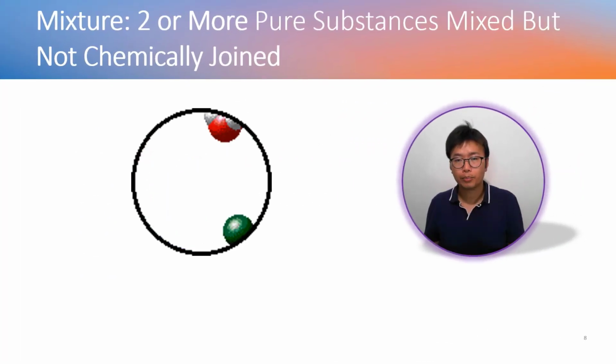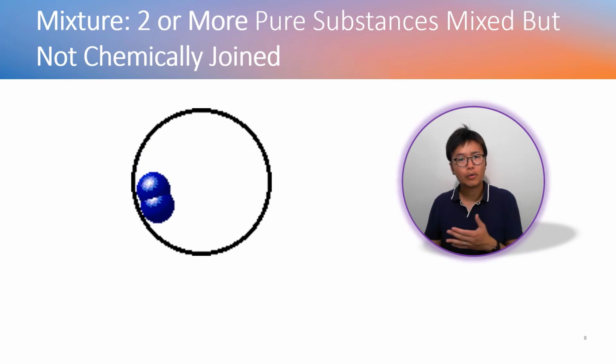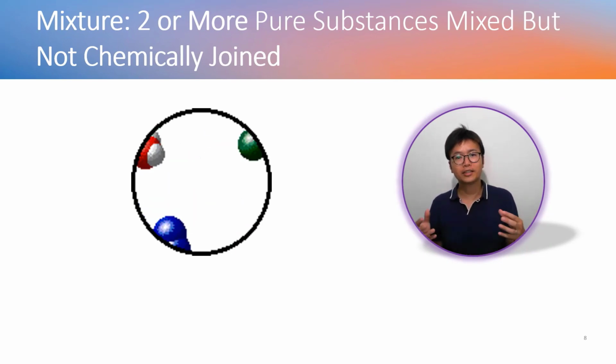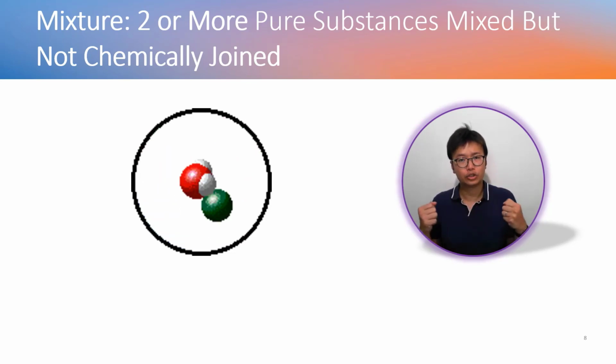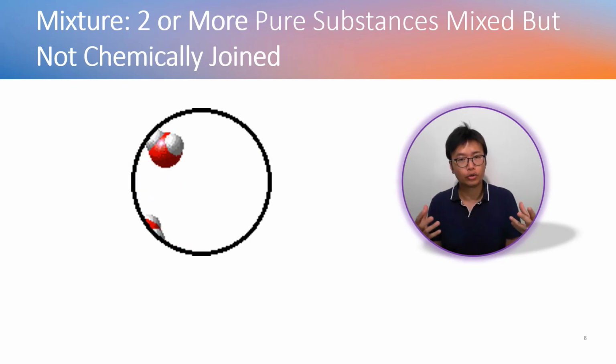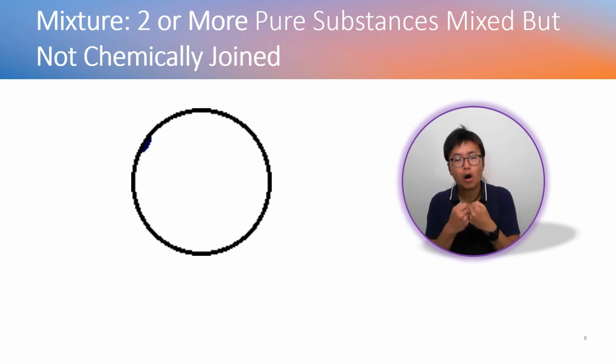Now, a mixture is two or more pure substances mixed. When I say mixed together, they are not chemically joined together. Chemically joined means they form a chemical bond and stay together as a fundamental unit.